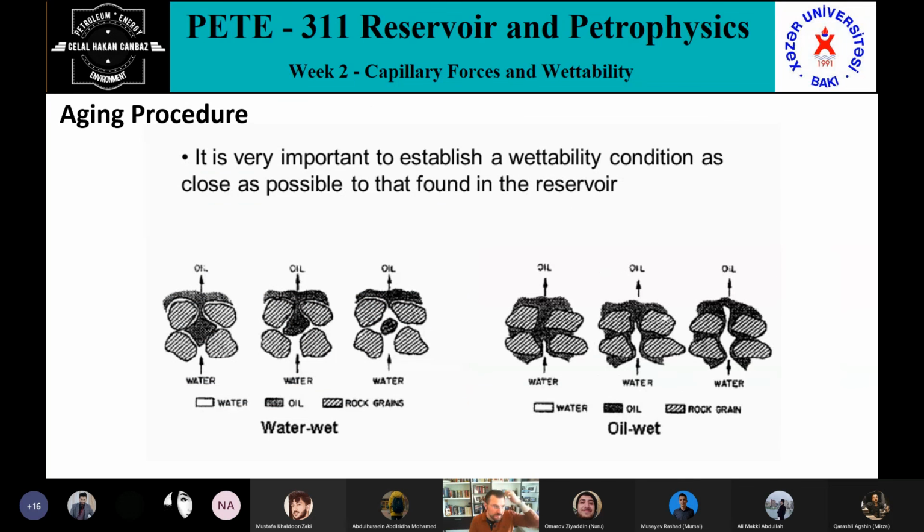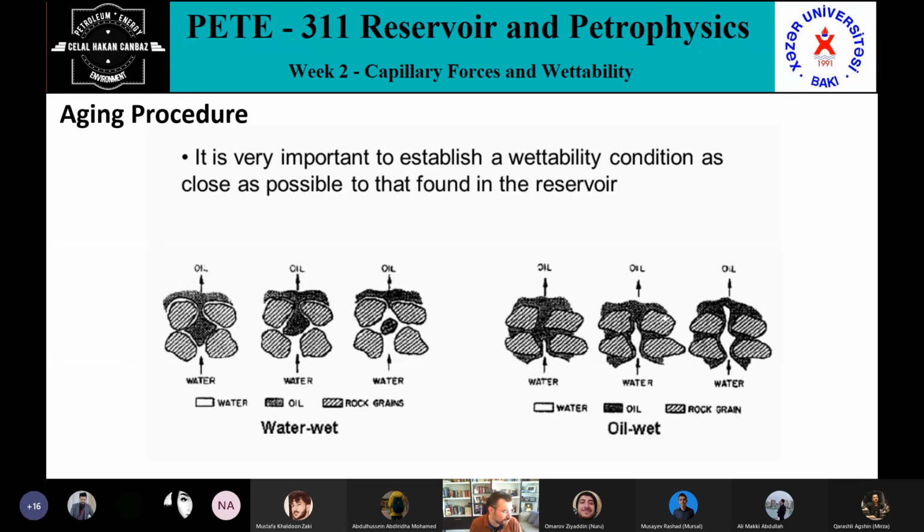So I will talk a little bit about the aging procedure. What we said is that all the rocks were water wet in the beginning. Now you want to make an experiment in your laboratory and you have water wet samples, for example rocks called Berea, which they sell from the US.